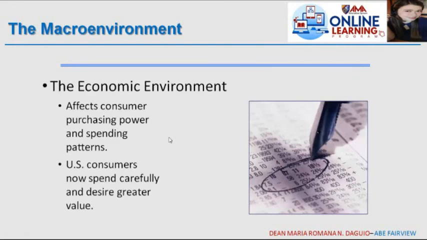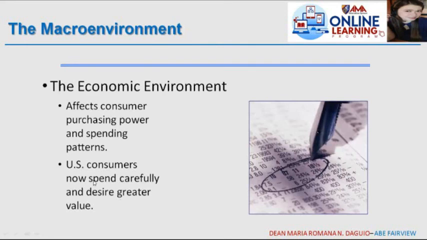How about economic environment? Affects consumer purchasing power and spending patterns. So depende sa ekonomiya, class. Minsan yung pera mo, madaming mabibili. Kung mataas ang presyo, kukunti ang mabibili. Okay? So naapektuhan tayo niyan. US consumers now spend carefully and desire greater value.